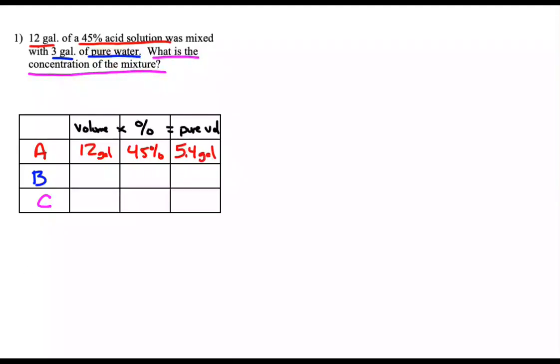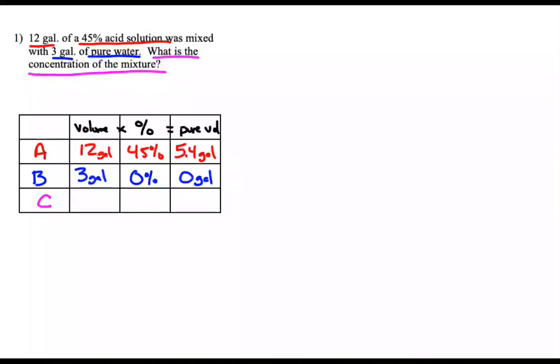B, we know, is 3 gallons. The percentage of acid is 0%, since it's pure water. So how much pure volume of acid is in this one? Well, 0 gallons. We have none. For C, we do know some stuff.